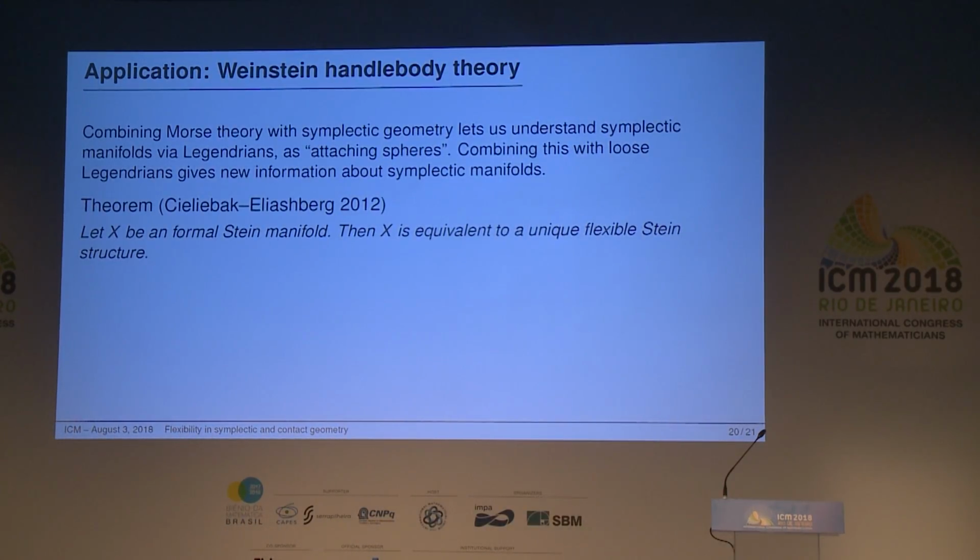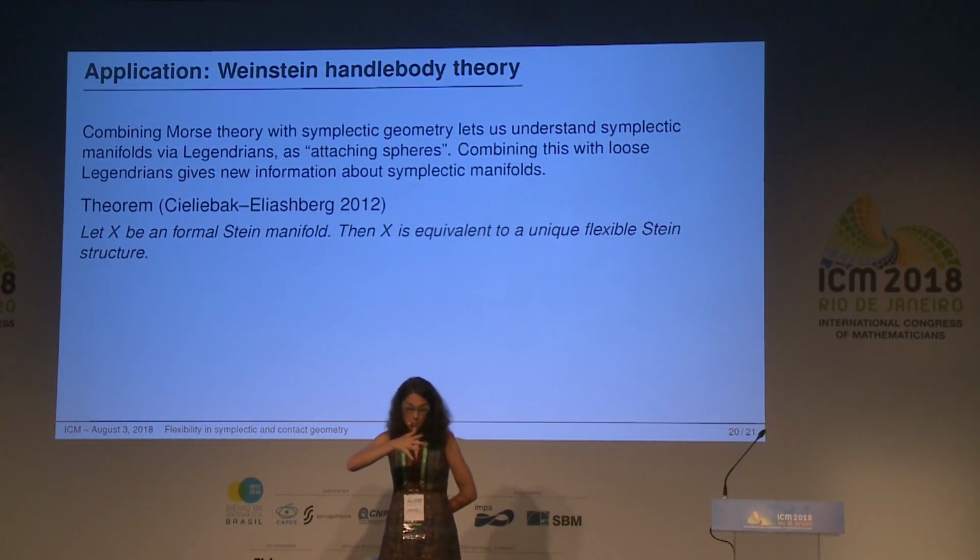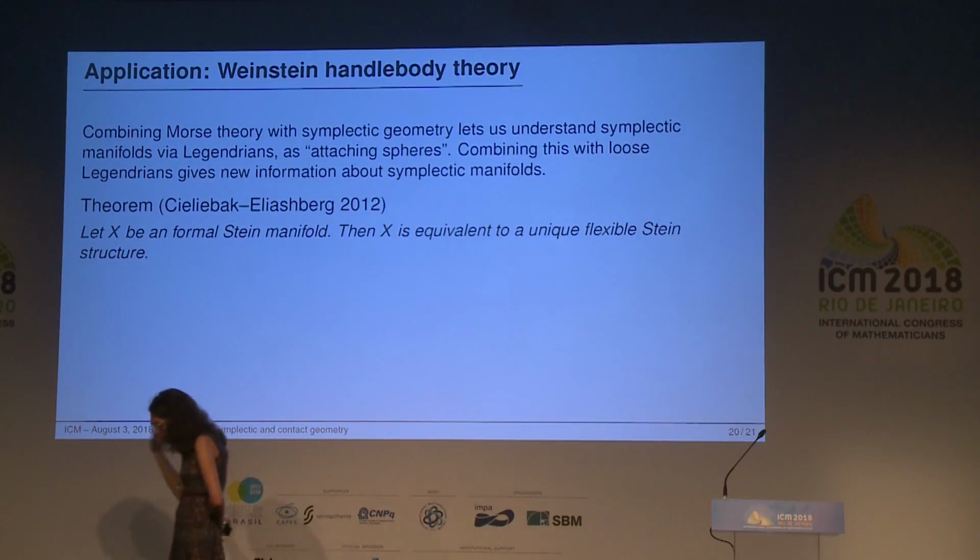And the symplectic structure is actually determined by the contact isotopy type of the spheres that I'm attaching along in the contact boundary. So it's classical Morse theory, but enriched with all this geometry.